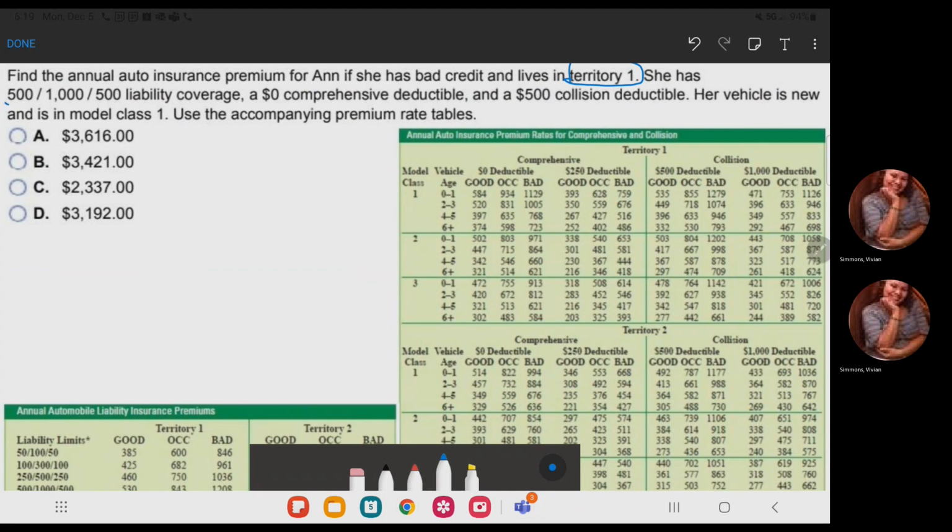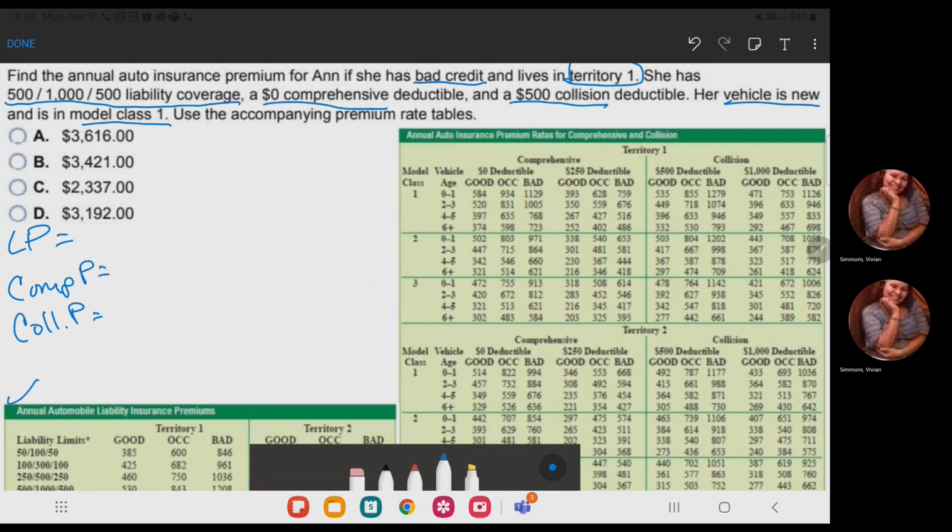The liability coverage is 500, 1,050. 0 for comprehensive, 500 for collision. The vehicle is new, and the model class is 1. Now, this person also has bad credit. So now let's figure this out. So I need my liability premium, comp premium, and collision.